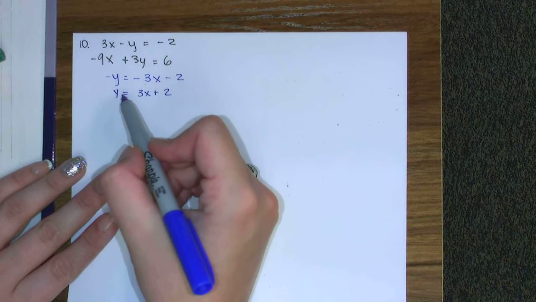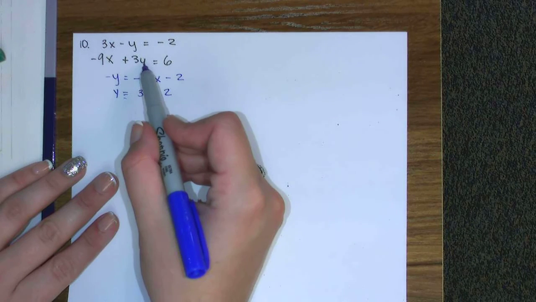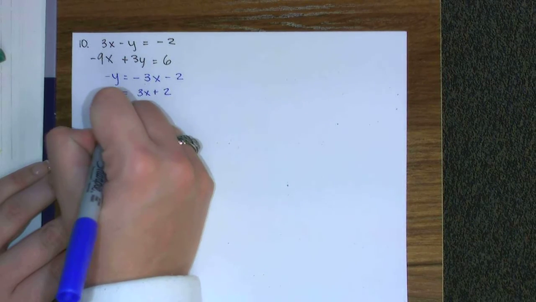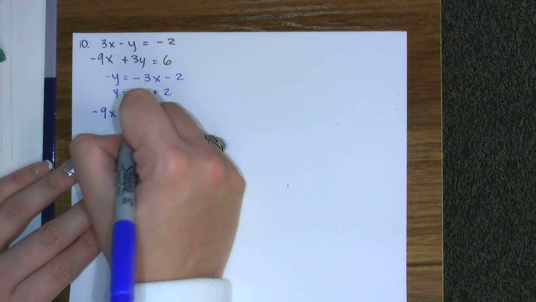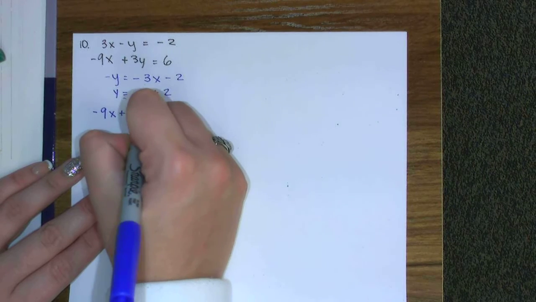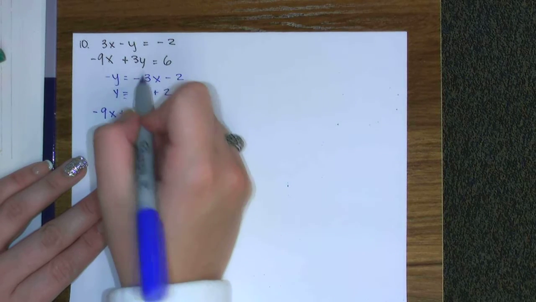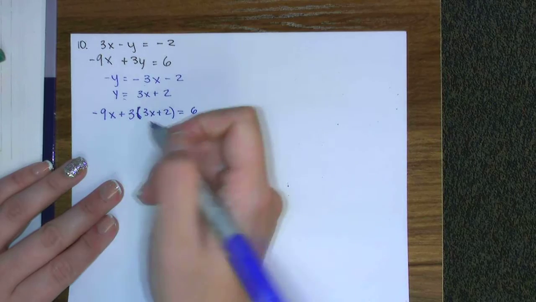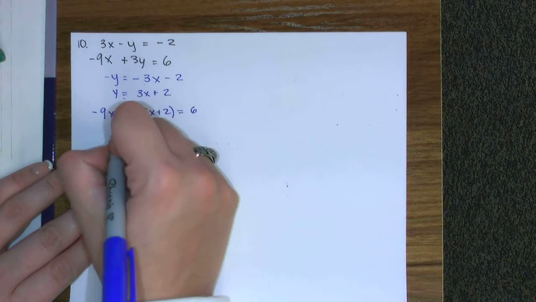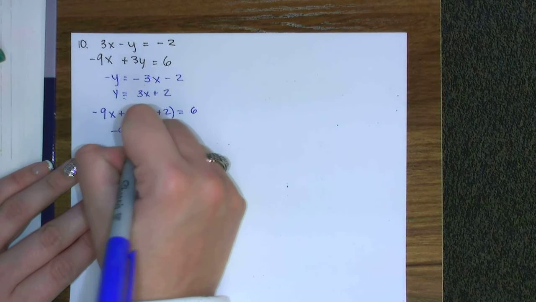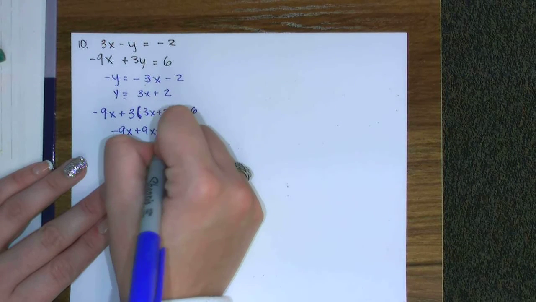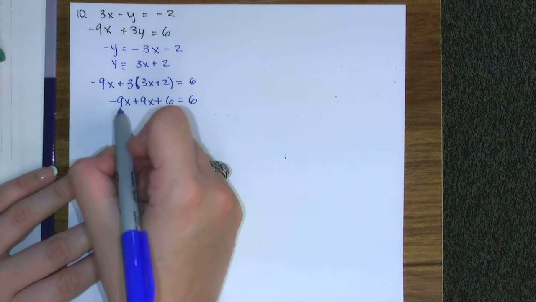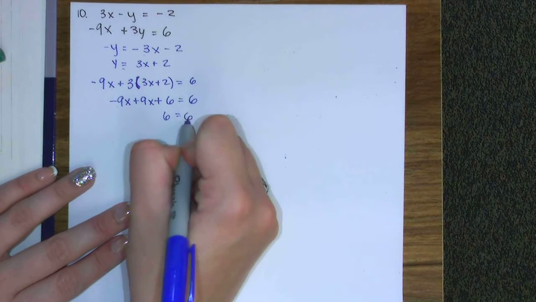So now I'm going to take this and plug it into this equation here. Negative 9x plus 3 times, so you've got to pay attention here, 3 times y, 3x plus 2, is equal to 6. So that's going to be 9x, so negative 9x plus 9x plus 6 is equal to 6. Those go away. 6 is equal to 6.